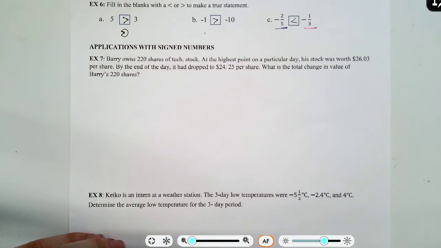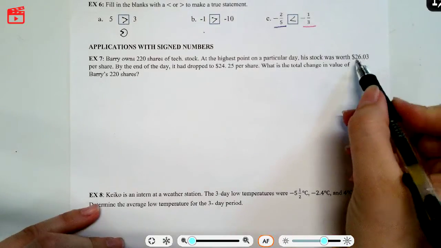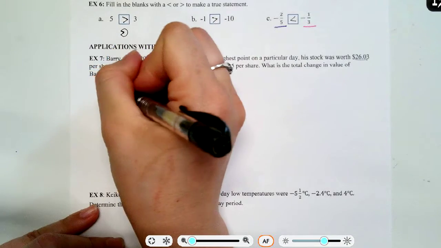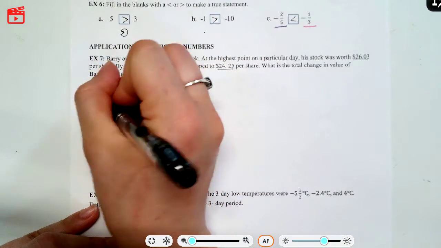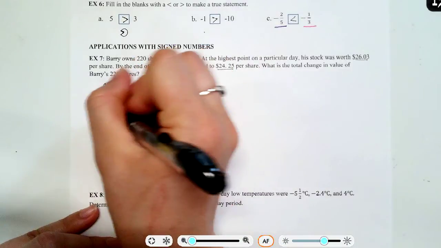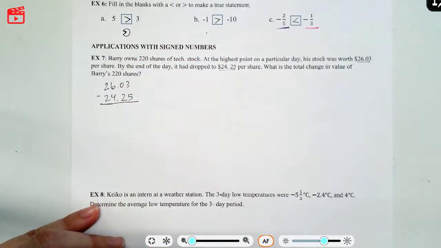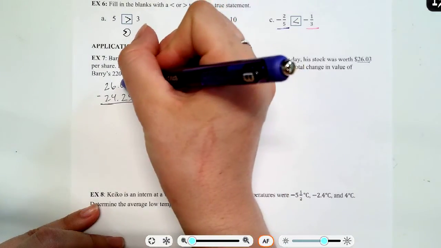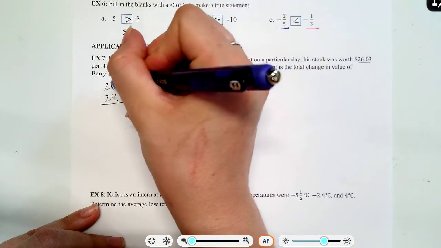Okay. Well, first off, what's the change between 26.03 and 24.25? Let's check that out. What's the difference between these two? Okay, well, doing subtraction, I'm going to need to borrow from that 3, but I can't borrow from 0. So that's going to be a 9, and that'll be 5.